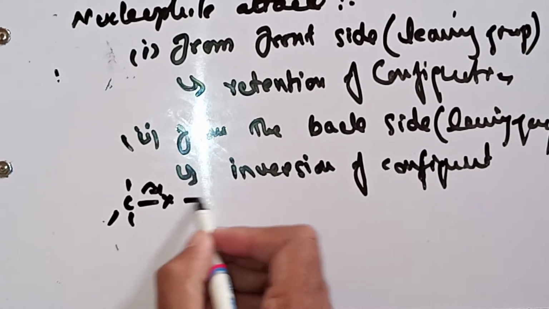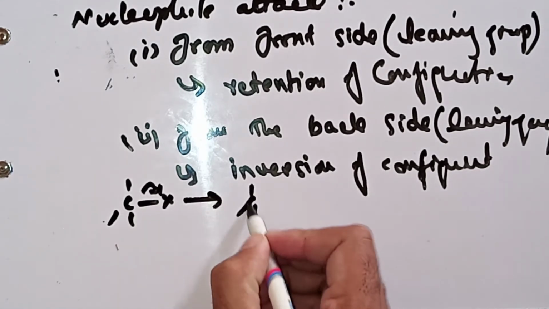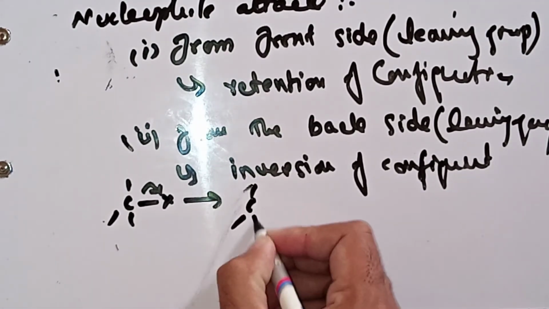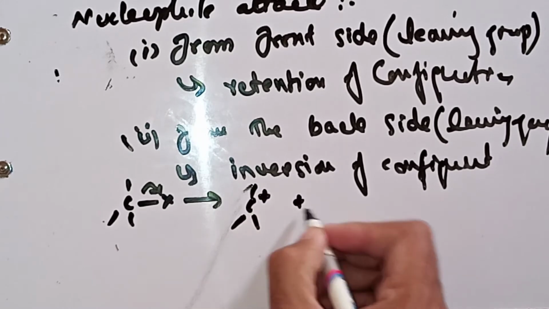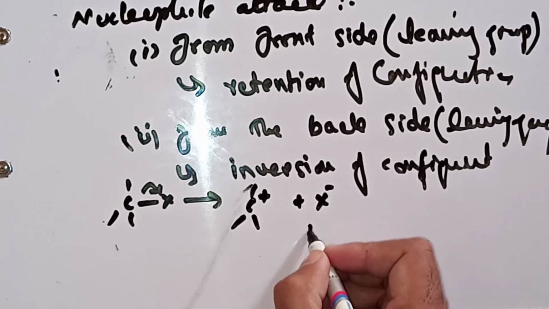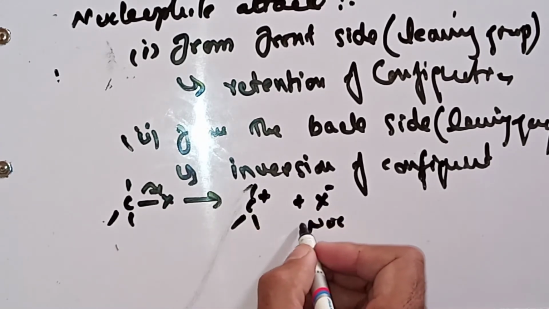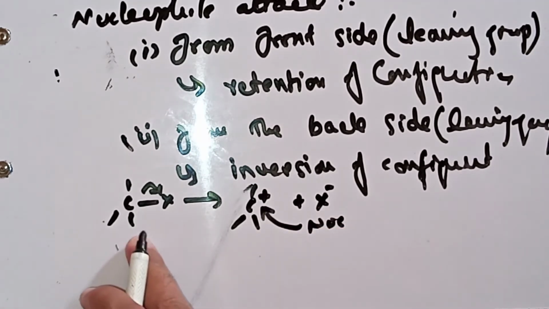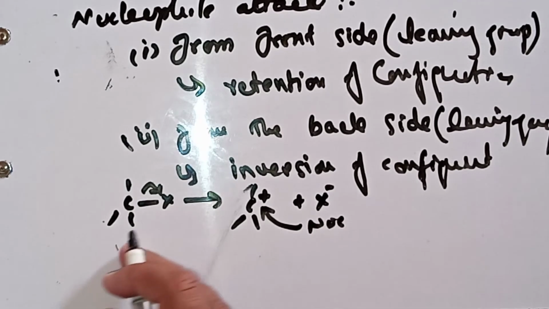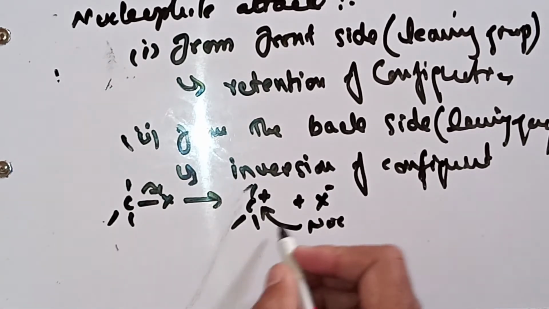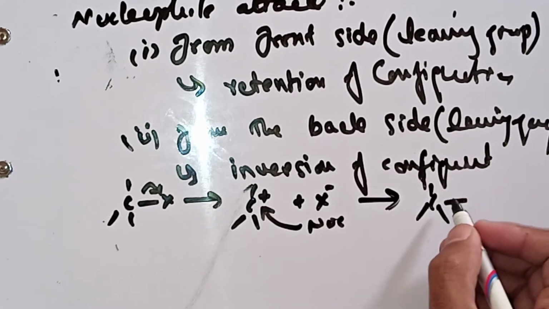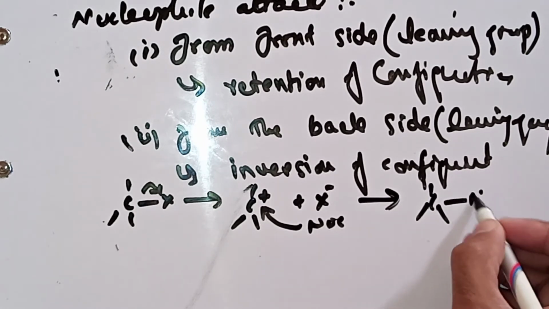This is when the reaction takes place and ions are produced, plus X minus. When the nucleophile attacks from this side, from the front side, from which the leaving group left the carbocation, it will produce a retention product.